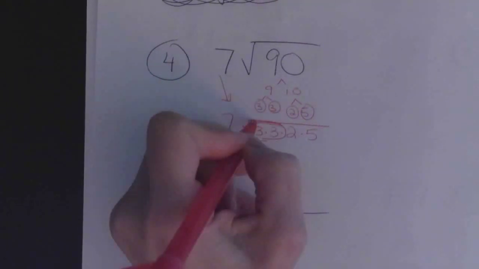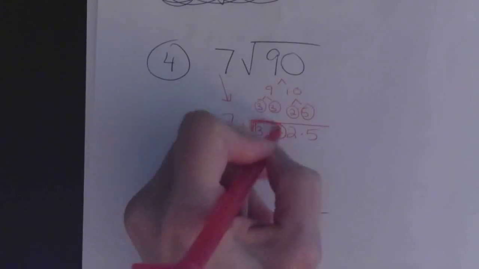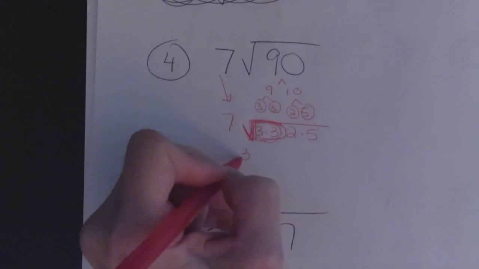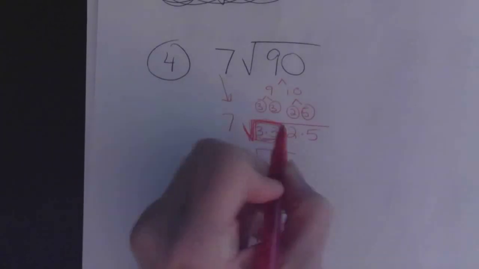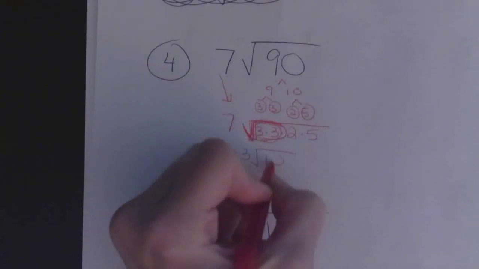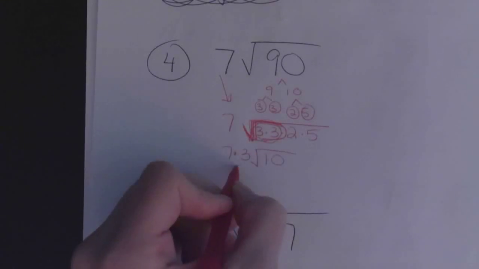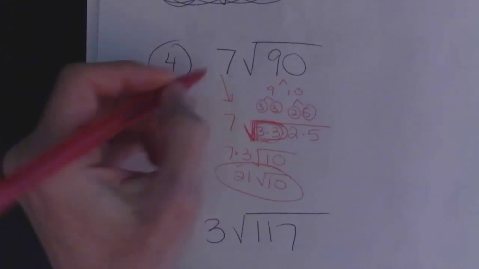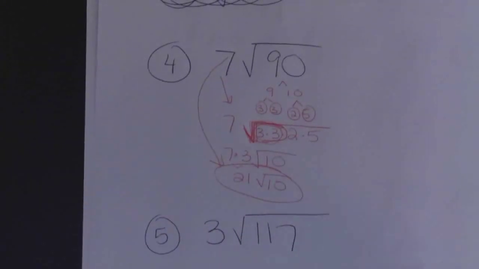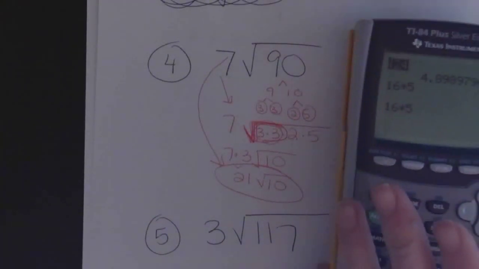You're always looking for your pairs. 3 times 3, that's 9. What's the square root of 9? Well, the square root of 9 is 3, so 3 comes out to the front next to the 7. Scraps stay inside. 2 times 5, 10. Final answer, these multiply to 21 root 10.